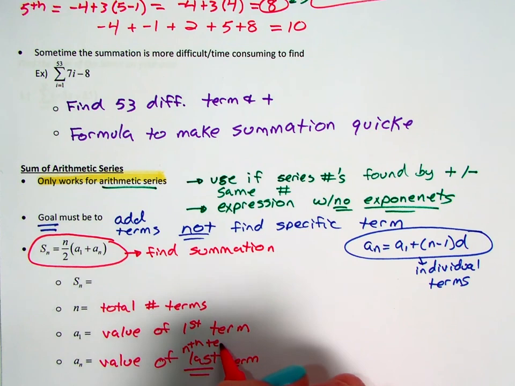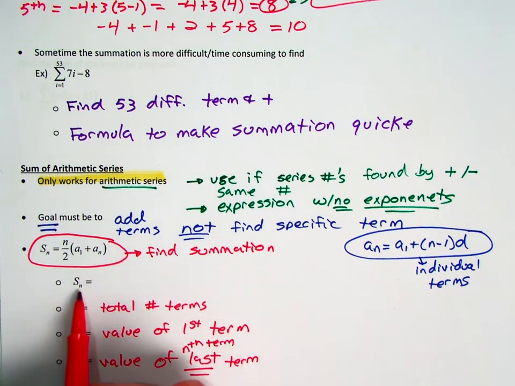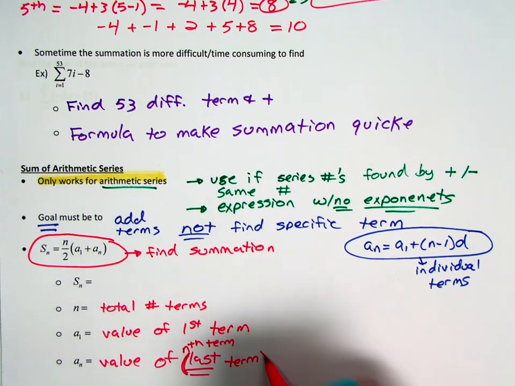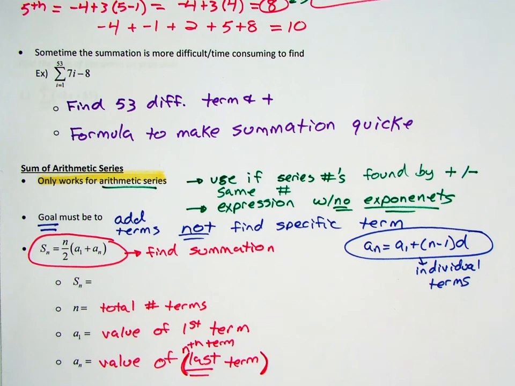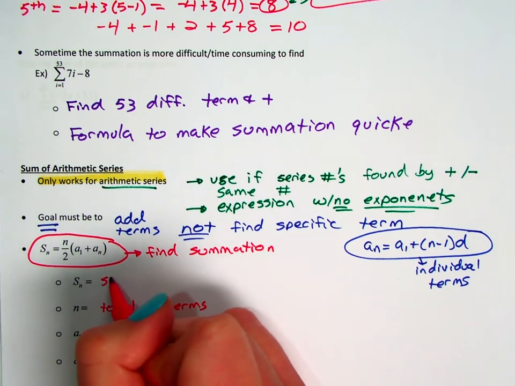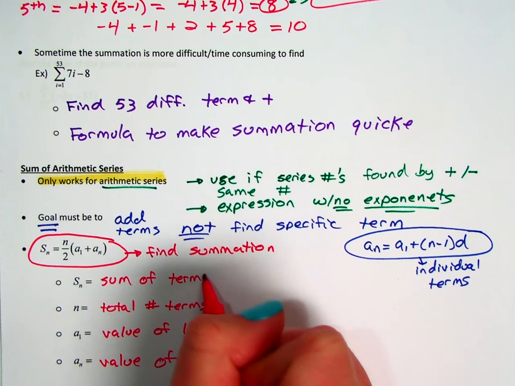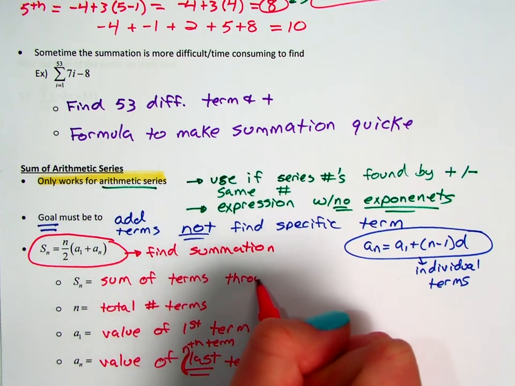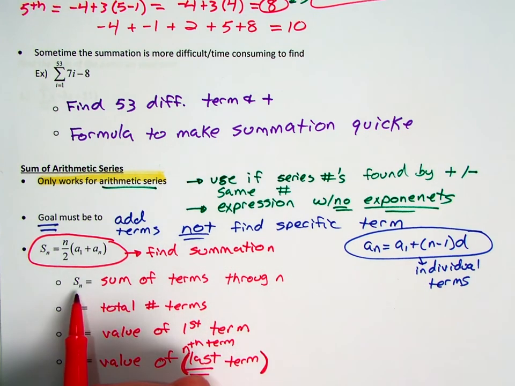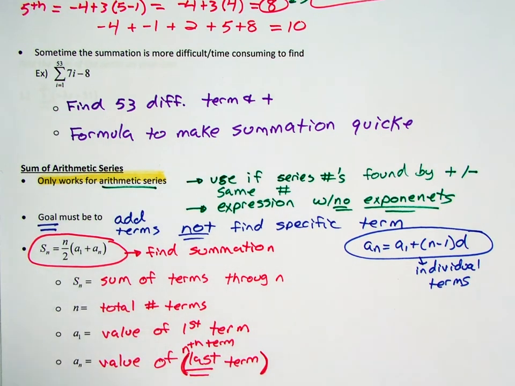But if we're trying to find s sub n, then that would also be the last term in the sequence. And s sub n means the sum of all the terms through n. So if this was s sub 8, we would be summing the first 8. If it was s sub 2, we'd be summing the first 2 terms in the series.